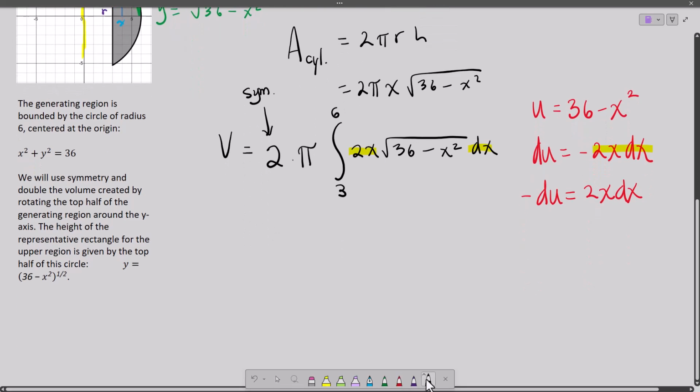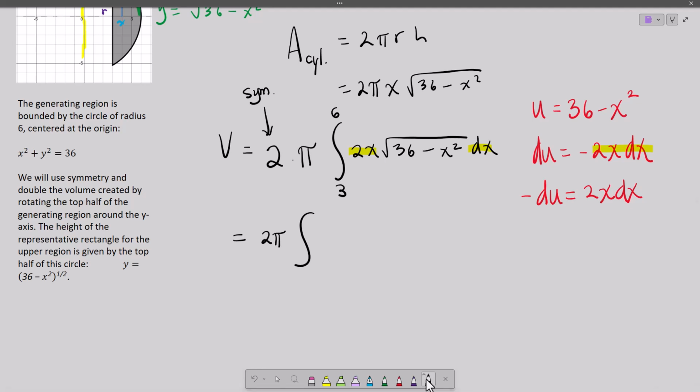So we will end up with 2 pi on the outside, and then the integral is changing. This is going to be the square root of u. We're plugging in 36 minus x squared for u. And then 2x dx is negative du. So we're going to have a negative du. So there is our new integral.